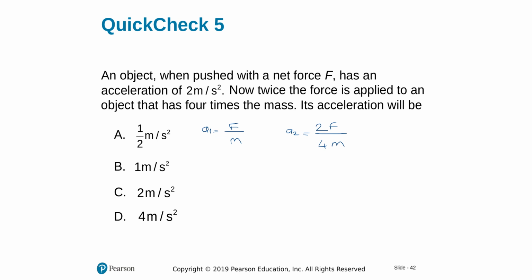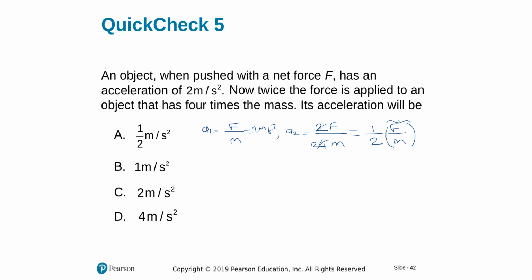Now if a1 is 2 meters per second squared, a2 will be, if I divide top and bottom by 2, I'll have 2 here, so it will be 1 over 2 F over m. Now I see on the left my F over m is 2 meters per second squared.